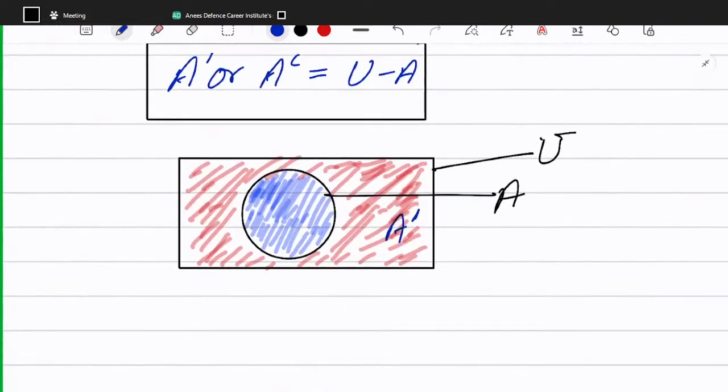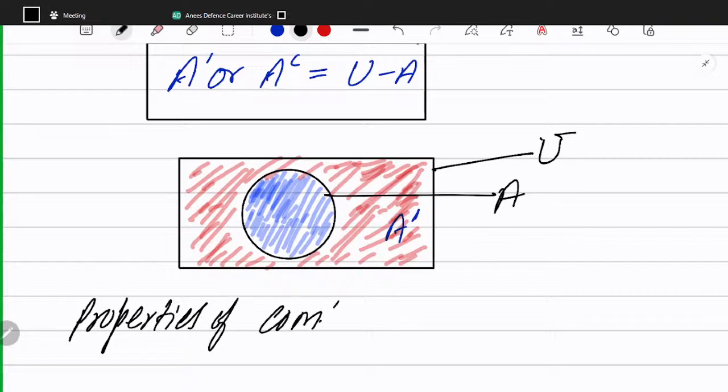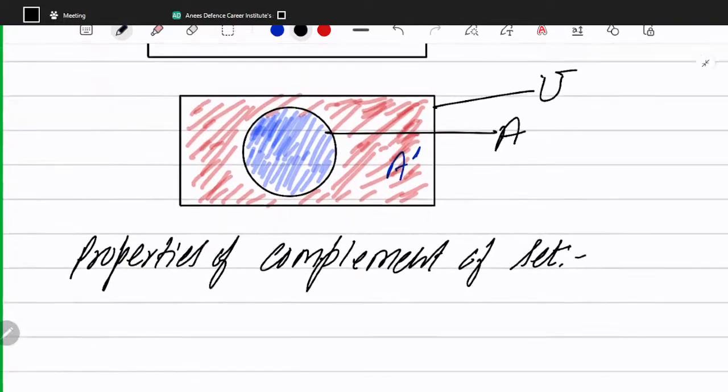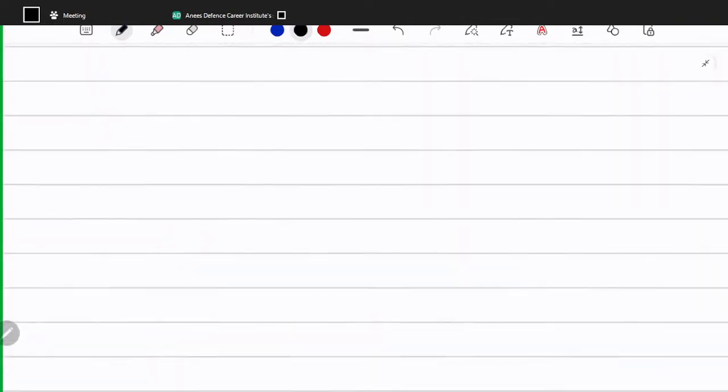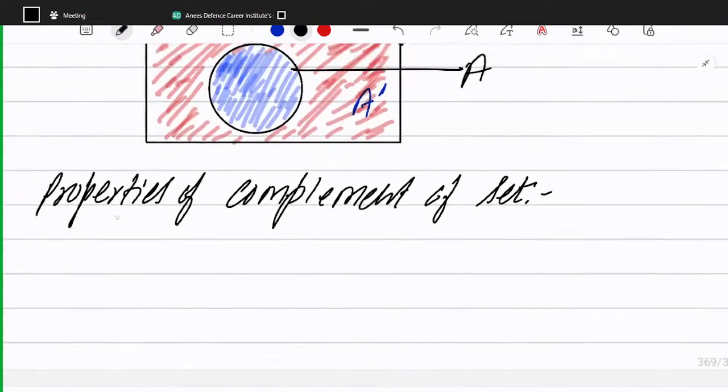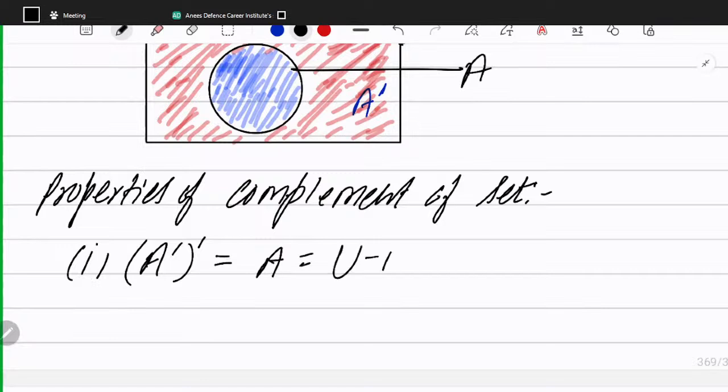Now the properties of complement of a set. The first one is A dash dash means A. I can write U minus A dash.